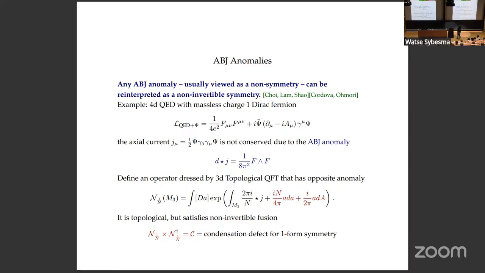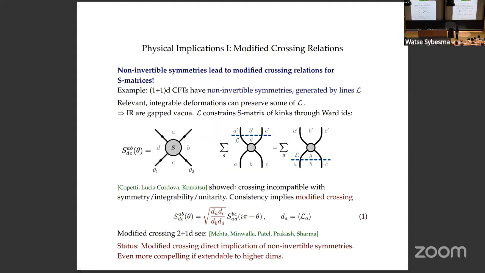So if I compose N with N dagger, it gives something that's not the identity, but what's called a condensation defect. So whenever you have an ABJ anomaly, you can also equally talk about a non-invertible symmetry. Okay, so these are basically three examples of how these things occur in your favorite QFTs.